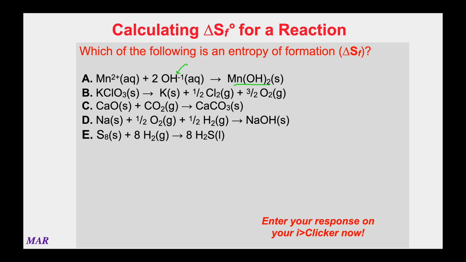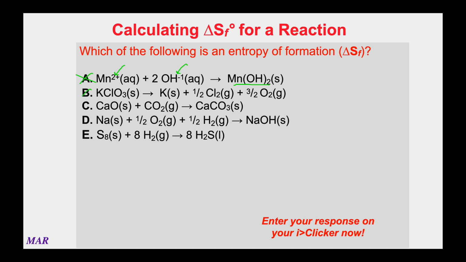However, hydroxide nor manganese 2 plus are reactants as elements in their standard states. It's not manganese metal and oxygen gas and hydrogen gas, which would be the elemental versions. So A is not a formation reaction. B, you can see there's lots of products, and you can only have 1 mole of product in a formation reaction.